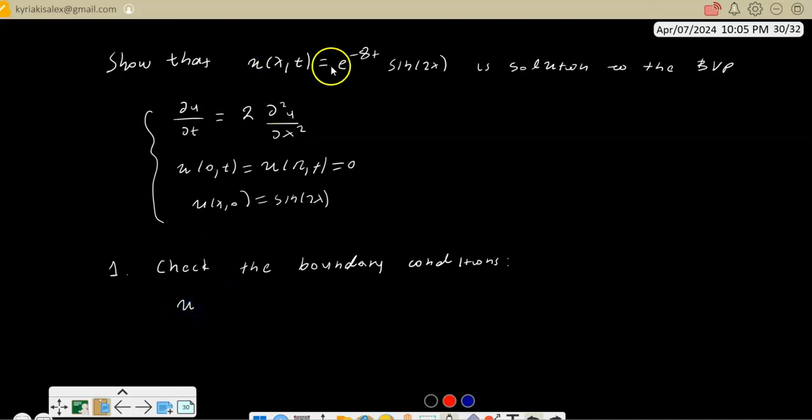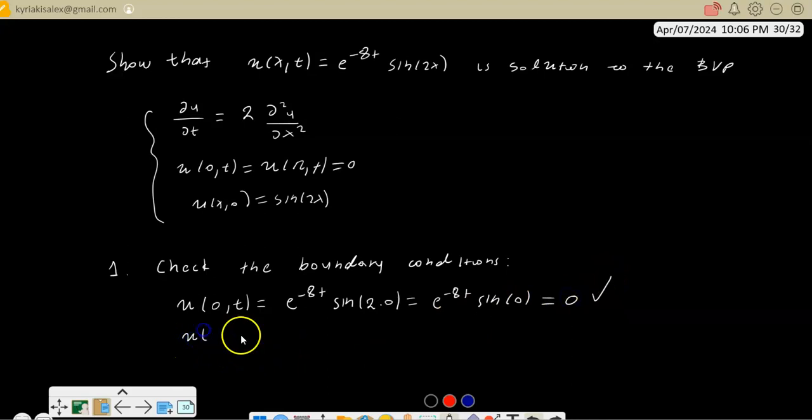So I take my function and I put x equal to 0. And I have e to the minus 8t times sine 2 times 0, and this is equal to 0.